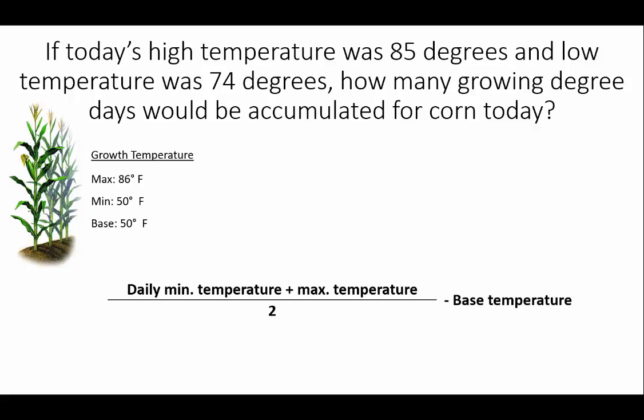In this example, 85 degrees and 74 degrees are both within the range of 50 degrees to 86 degrees, so we can proceed with entering the numbers into the equation. 74 is our low temperature for the day, and 85 is our high temperature for the day. Our base temperature in corn is always 50 degrees. So 74 plus 85 divided by 2 minus 50, and that gives us a total of 29.5 growing degree days.